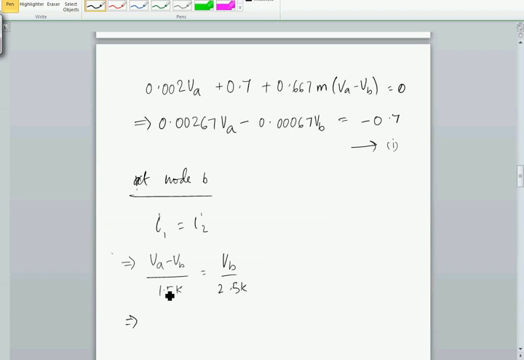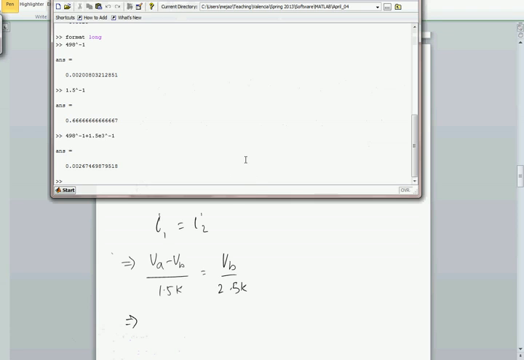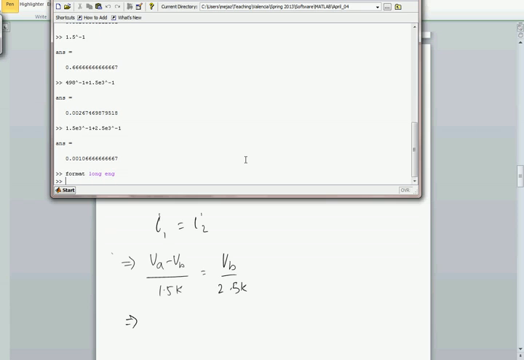So the second equation is going to be, when I bring VB on the other side, it's going to become negative. So I will have 1.5 exponent 3 inverse plus 2.5 exponent 3 inverse, which is 1.0667 milli.